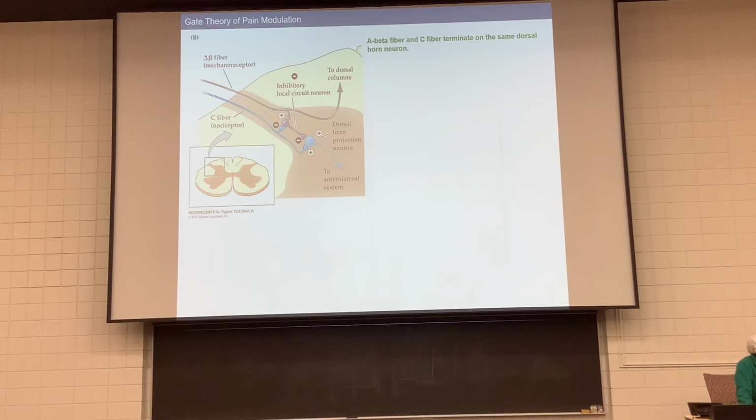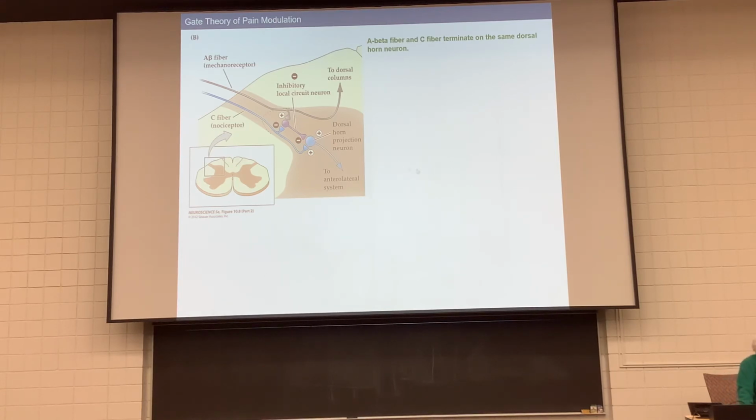Now, here's our A beta fiber, which we talked about. It's our mechanoreceptor, our touch receptor. When you initially have pain, what's something that you often do? Yeah, you rub it, right? You start rubbing around on it, and sometimes that makes it feel better. So what's going on there?